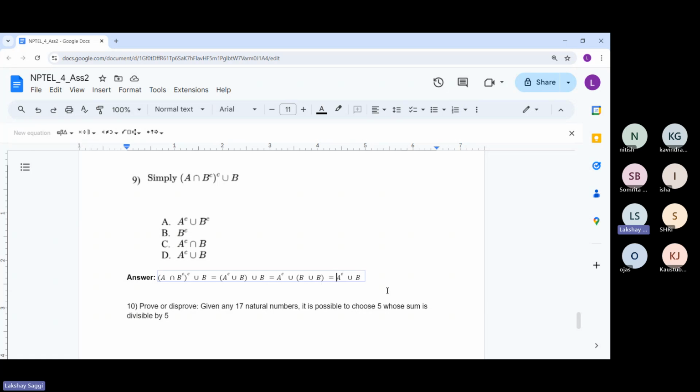So I hope it is clear to you. So maybe I should underline. I don't know why it's not underlining. Okay, it does underline.